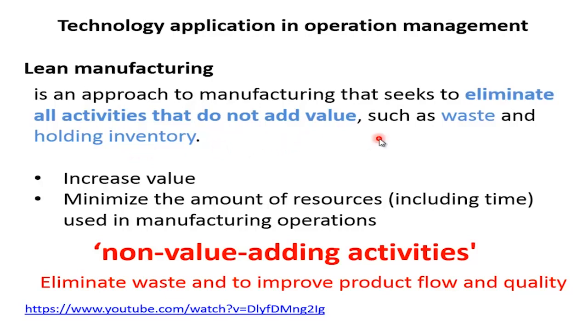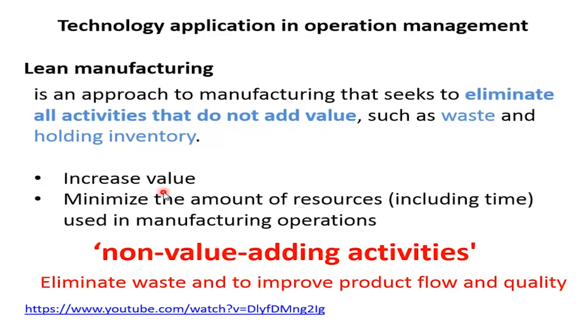If there is an activity which is not giving value to the organization in the process of manufacturing, that is to be eliminated. It is waste, and holding inventory. Those are the things considered as waste. If there is an activity that does not give value addition, it is a waste.